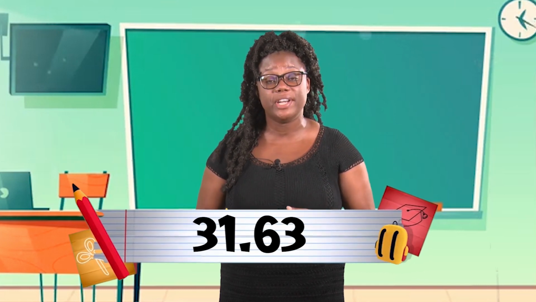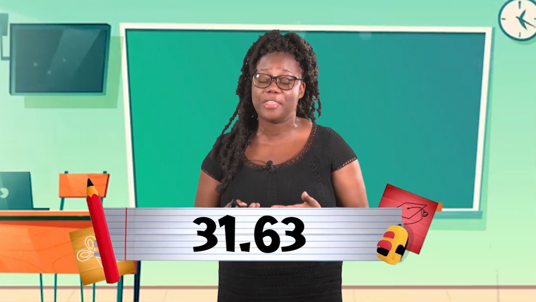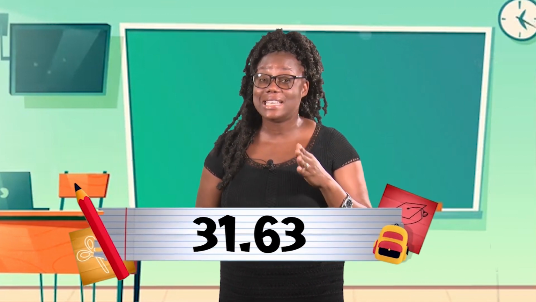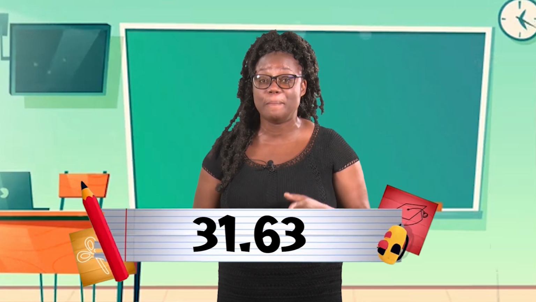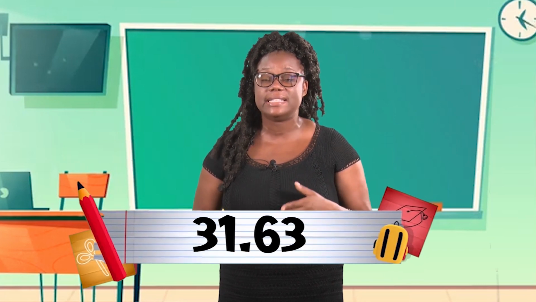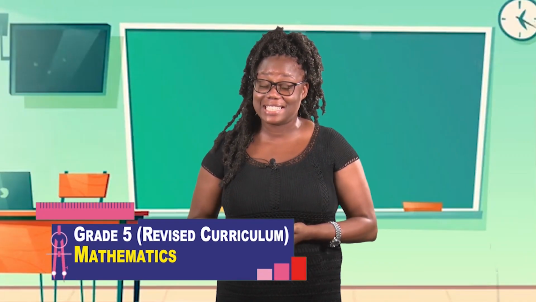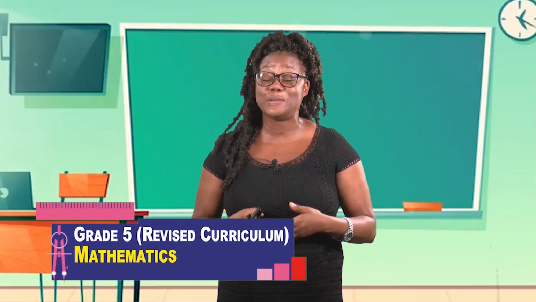And when the number in the hundredths place is less than 5, we write the decimal just as it is, and we change the number in the hundredths place to 0. So 31.63 rounded to the nearest tenths is 31.60. Boys and girls, I hope that you would have gotten both problems correct.